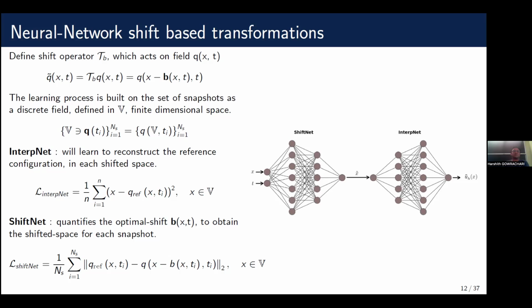First you train the InterpNet, which tries to reconstruct the reference configuration, and for each shifted space you reconstruct again using the InterpNet and try to minimize the Euclidean distance between the reference and the reconstructed snapshot in the shifted space. And these are the two optimization problems which we're going to minimize in this workflow.